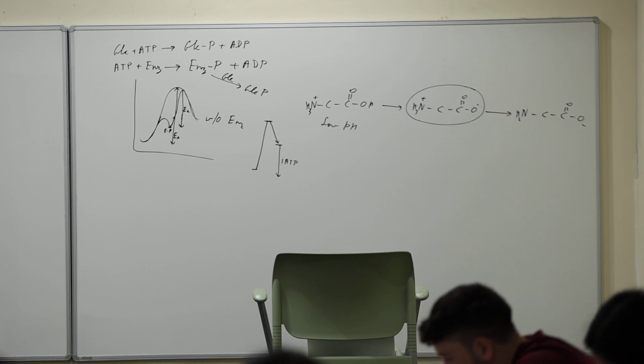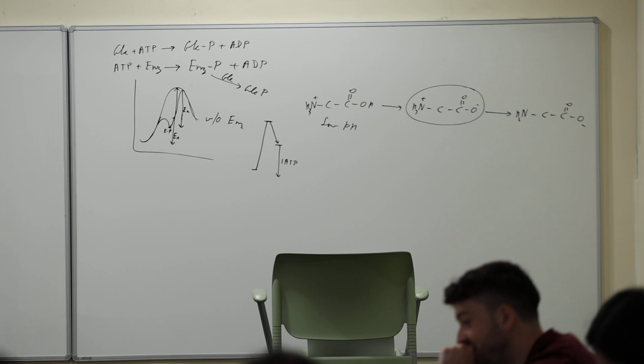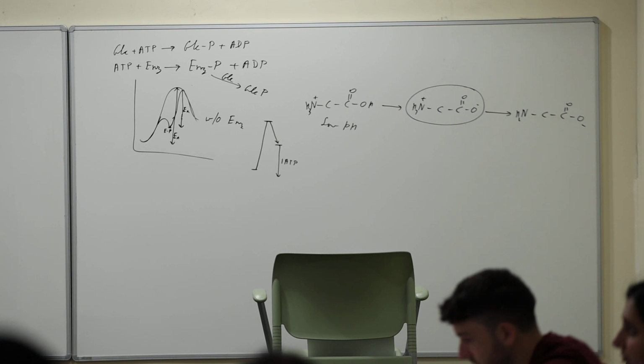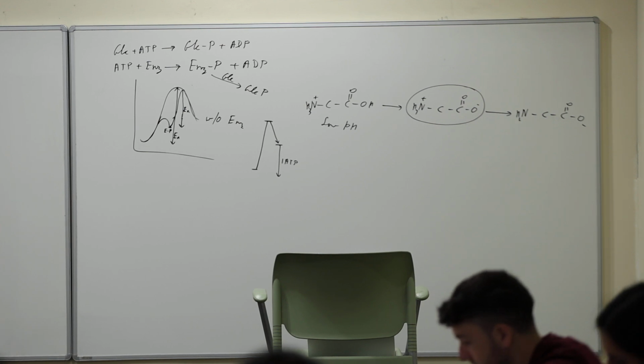Of all these, this particular step may be asked in your exams and even in your board, because people are fascinated by this step. So please remember that it is UTP for this step, not ATP, not GTP.